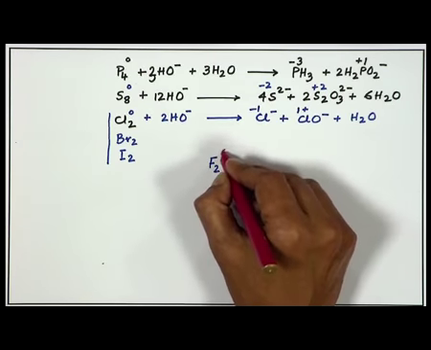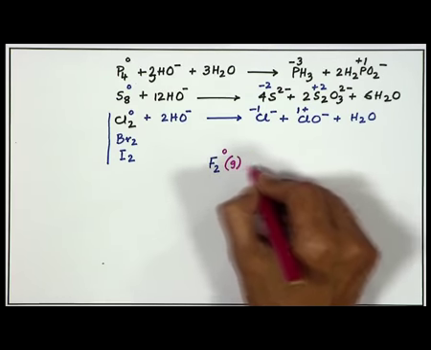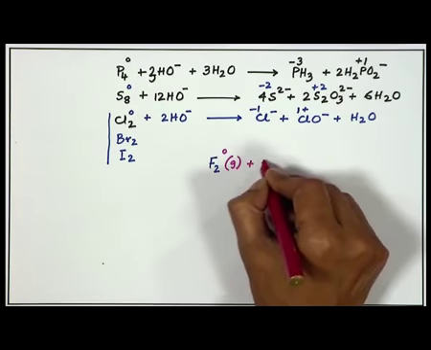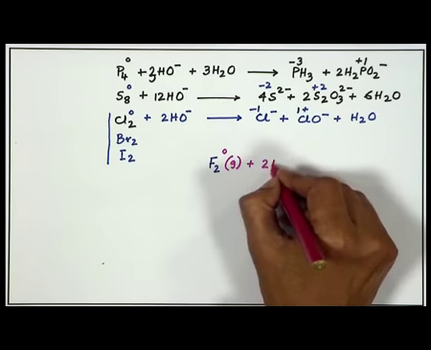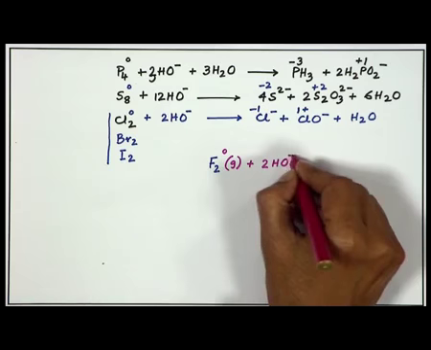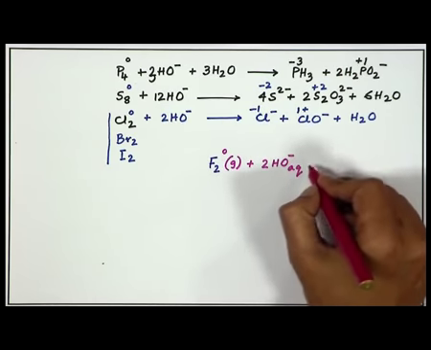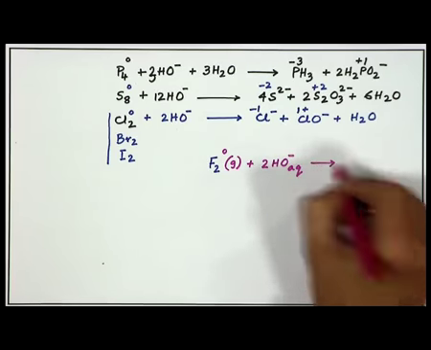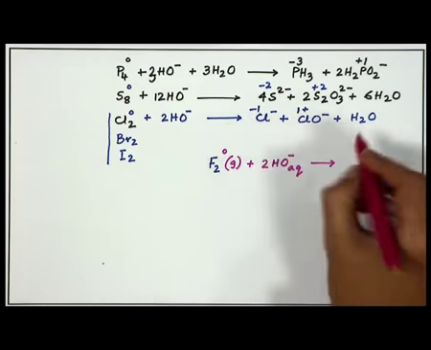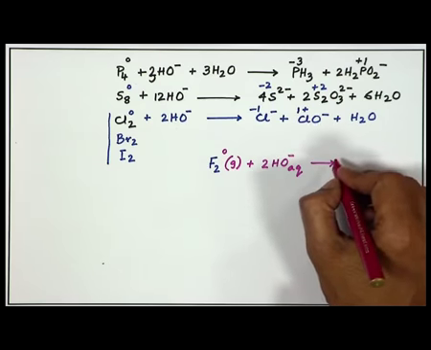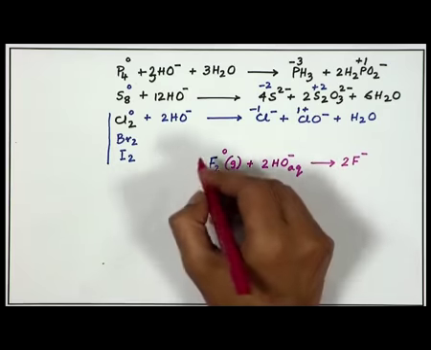So, this fluorine, F2 in the gaseous form, when it reacts with the same reagent, the alkali present in the reaction condition, which is in the aqueous form, giving rise to this fluoride will definitely be forming. So, it will be giving rise to 2F minus.